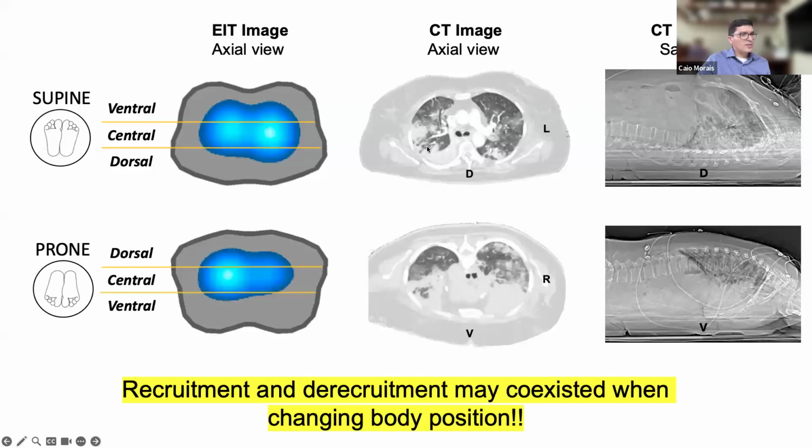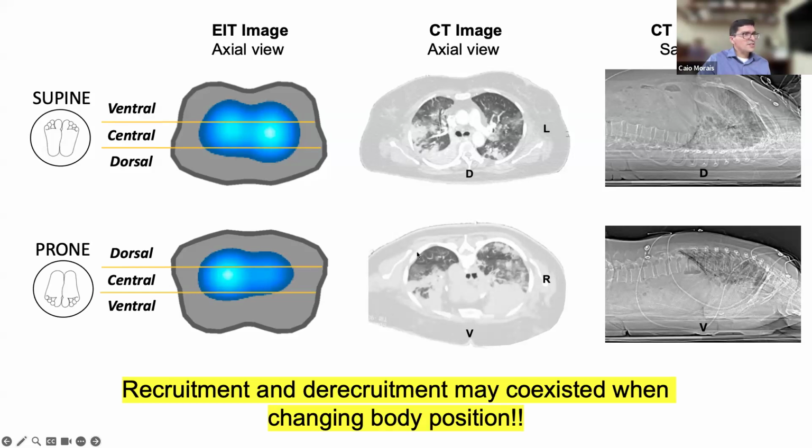Then we decided to prone this patient, and look what happened. We have the recruitment at the posterior part, but the ventral part is now de-aerated. And by the way, this image was collected at the PEEP level for the maximal compliance, so the PEEP was already optimized for this patient.